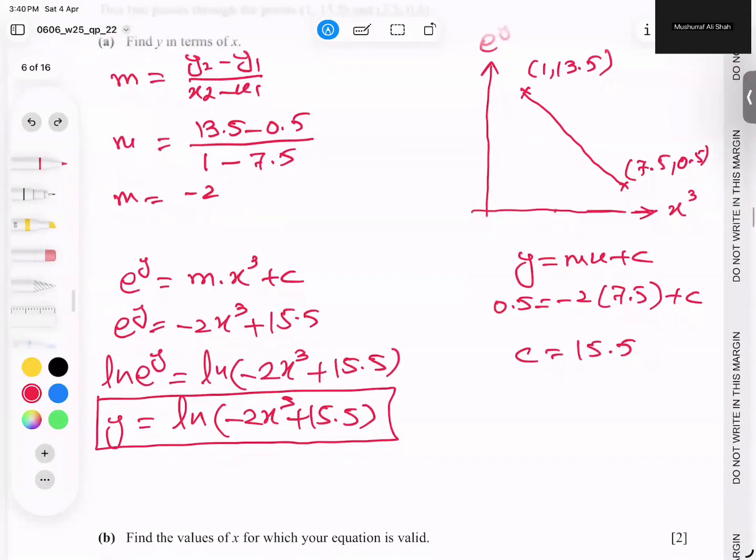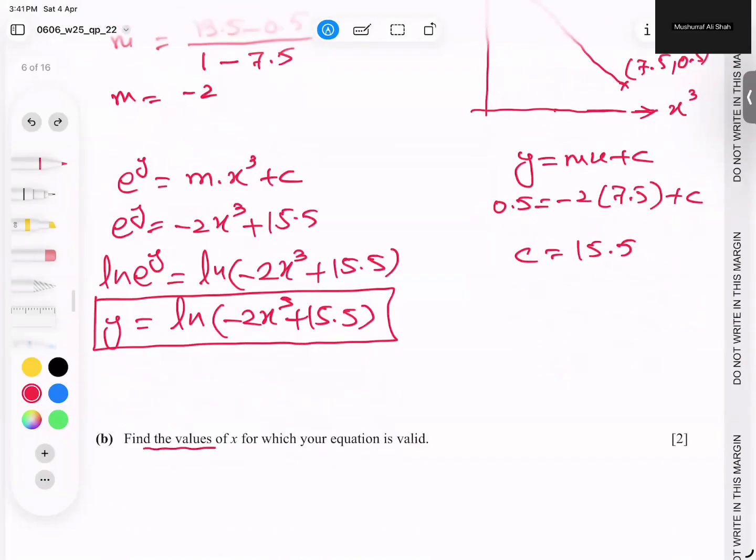But now the next part is: find the values of x for which the equation is valid. Let me tell you the whole story. From 0 to 1, if I take the logarithm, it will give a negative answer. After 1, a positive answer. And for 0 and backwards, including 0, it gives infinity.